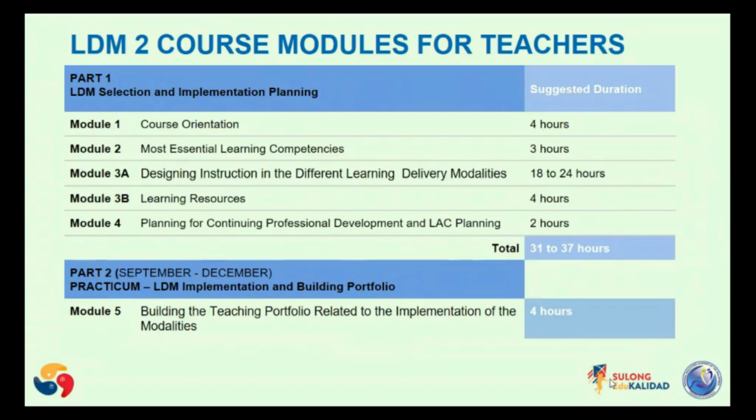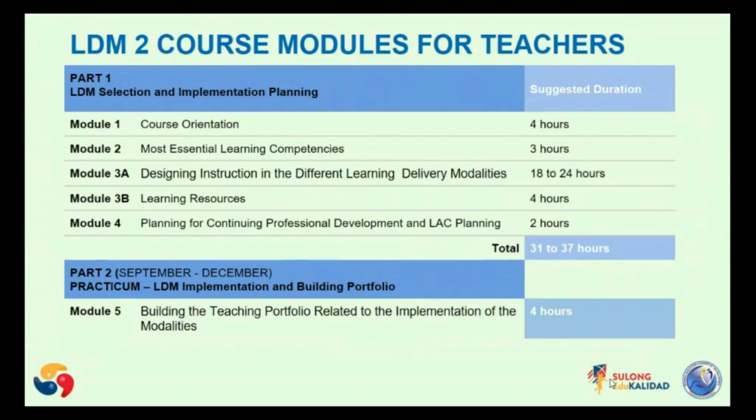In part 1, on LDM selection and implementation planning, module 1, which is the course orientation, is expected to be done in 4 hours, while module 2 on MELC is expected to be conducted in 3 hours, while module 3A, designing instruction in the different learning delivery modalities, has a time allotment of 18 to 24 hours. For module 3B, learning resources, 4 hours. Module 4, planning for continuing professional development and LAC planning, 2 hours.